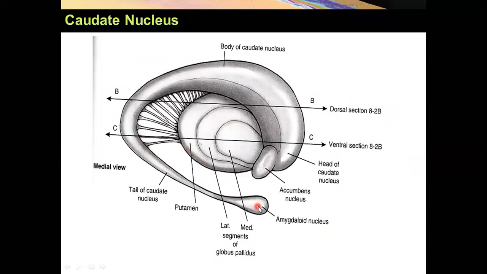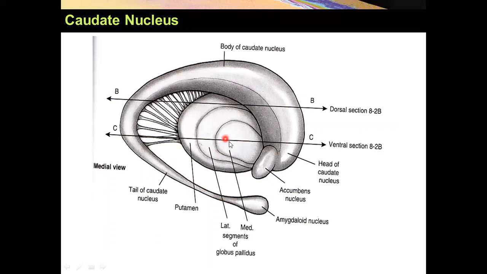Okay, the same type of information here, again, here is the head of caudate nucleus, but it is nice to see the accumbens nucleus here. You see the relation between the head of caudate nucleus and the accumbens nucleus. You may hear accumbens nucleus in several different places. So here is the accumbens nucleus. Head, body, and tail of the caudate nucleus.